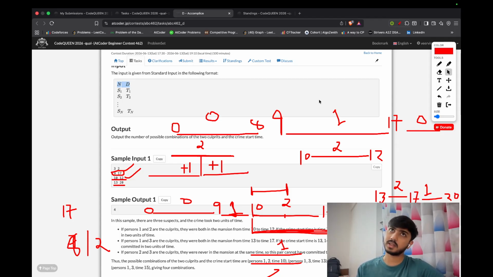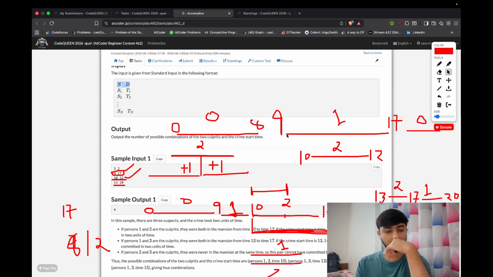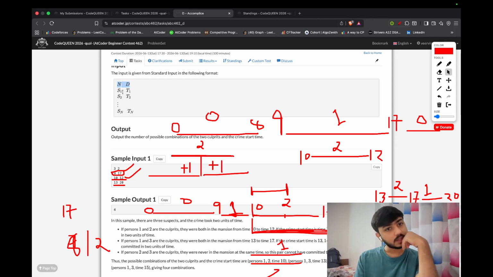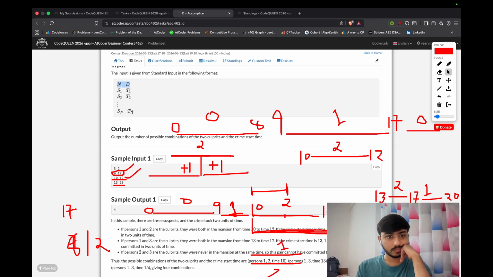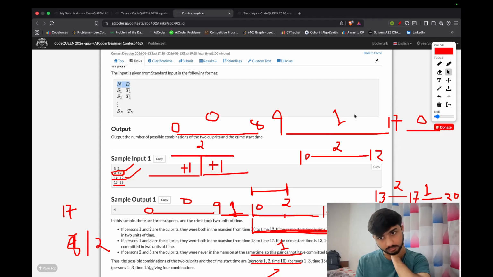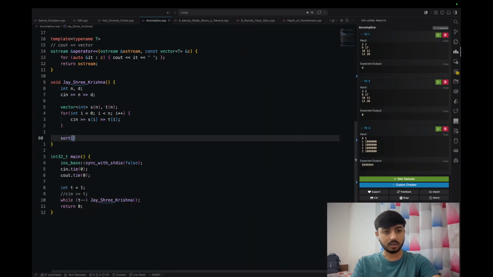What I can do for that breakpoint is I can sort all these. Yeah, I can do that. Sort all these.